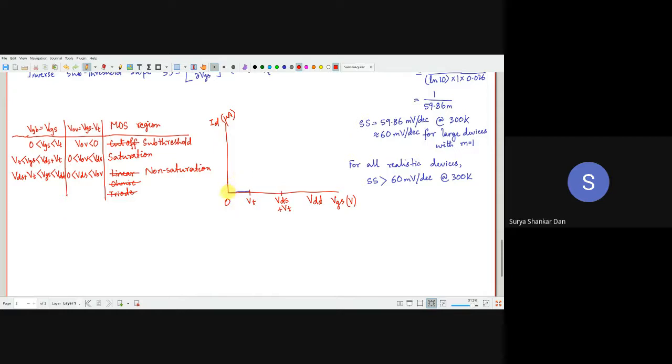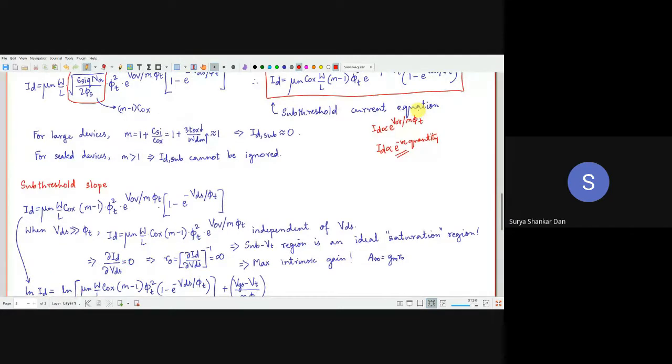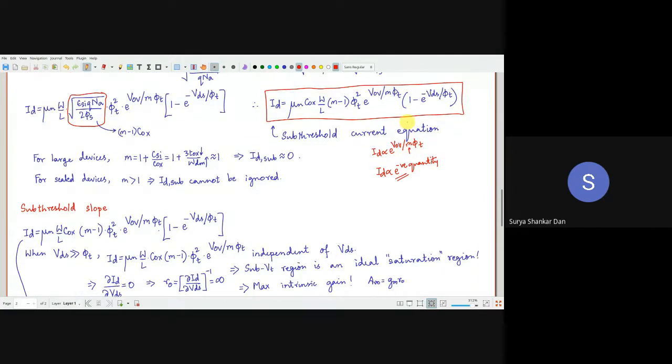Okay, so if it is going exponentially, that means from microamperes, with very very small change in VGS. Look, another thing is very interesting here. Why am I saying that it is immediately decreasing to 0? I mean very very close to 0. Why? Because we will see the significance of this small m term.